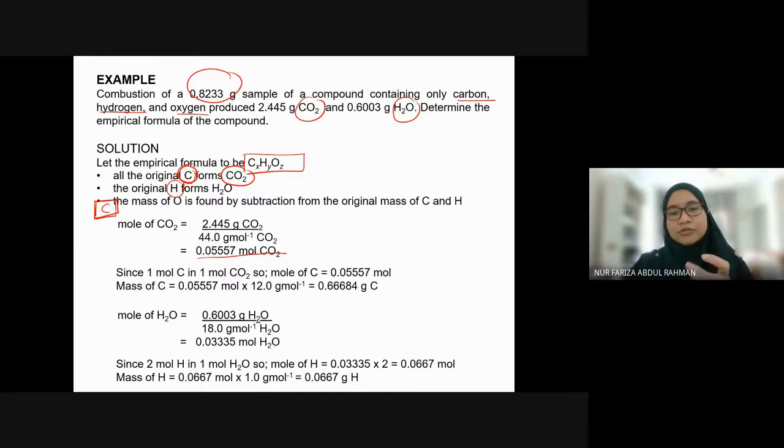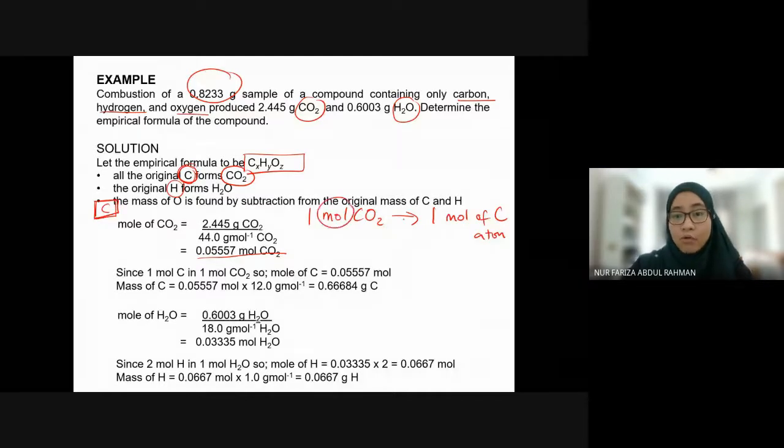How do we introduce the carbon? What is the relationship between carbon and carbon dioxide? We know that for 1 mole of carbon dioxide, there is 1 mole of carbon atom.